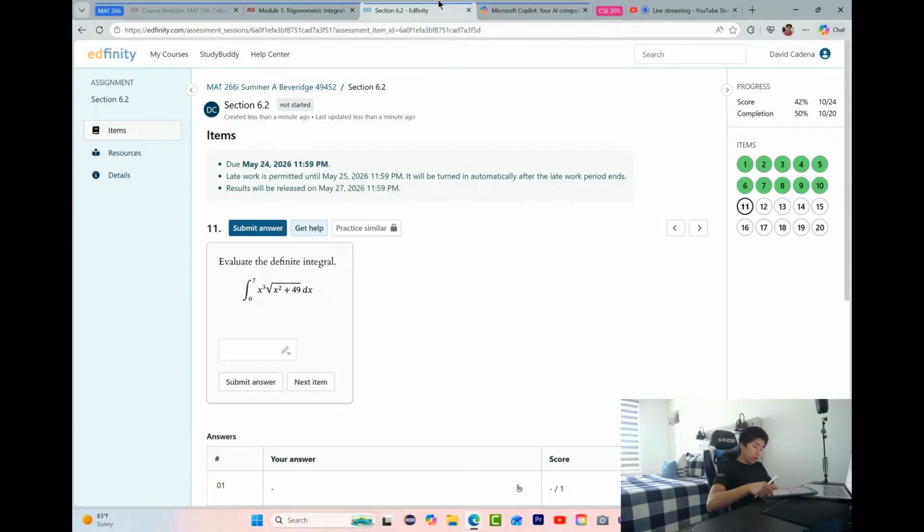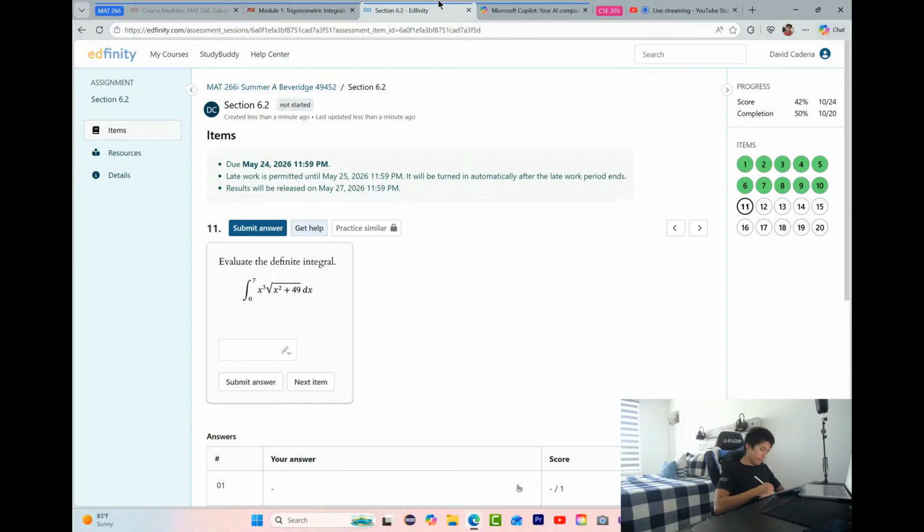Oh, interesting. So if we take out the 7 to the power of 3, we have 216 times the integral from 0 to 7 of, oh wait, hold on. Actually, this looks like 7 to the power of 4 times secant of theta tangent of theta. Well, the derivative of that is only secant, I think.